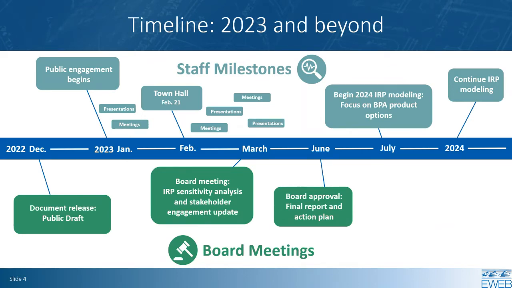And then we'll be back in the March board meeting to share interim results from the future exploration of the calculated reference case and to seek direction from the board around action items and next steps. The final IRP will be published in June. And then shortly thereafter, staff are going to begin building off of this foundational IRP, updating assumptions and preparing for our 2024 IRP. So I will hand it off to John Kreider.